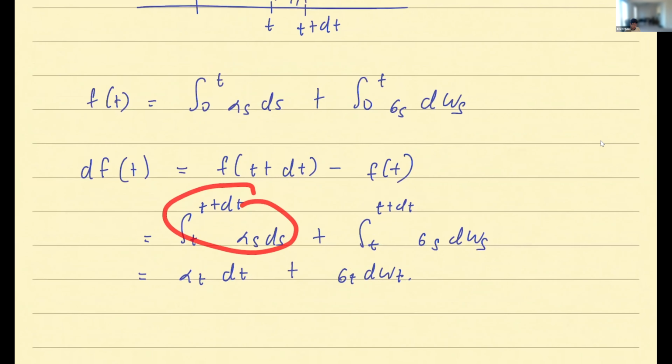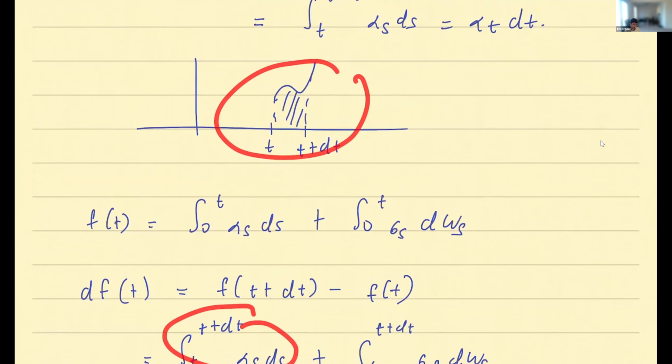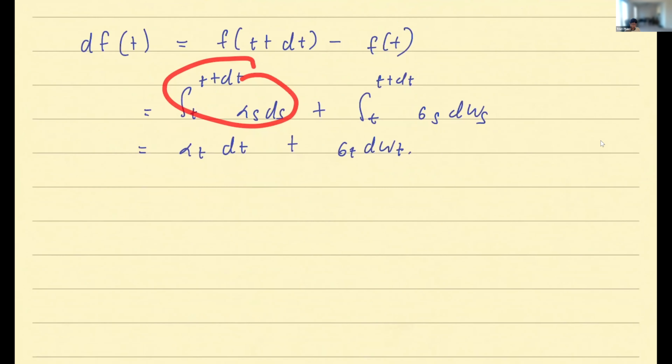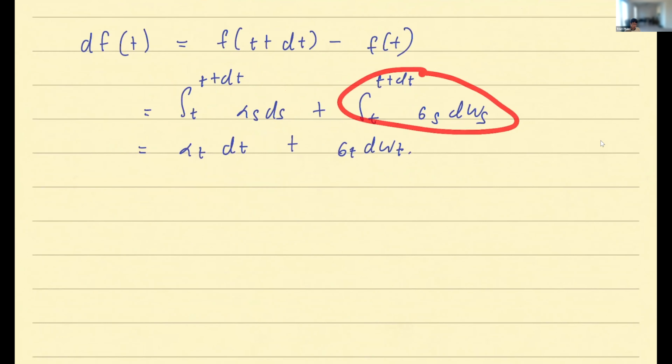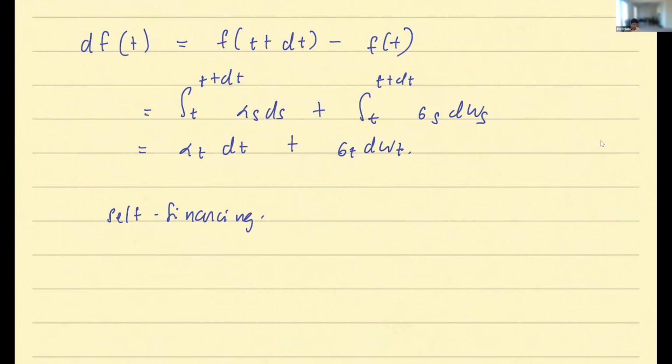Now this, you can see through this kind of picture, from the rectangle. If you feel a little bit weird about it, think of it like exactly that self-financing condition that we looked at last time. If you have a portfolio, at time t you hold sigma t, and at time t plus dt, the change in the portfolio value from this time to this time, think of W as the price.